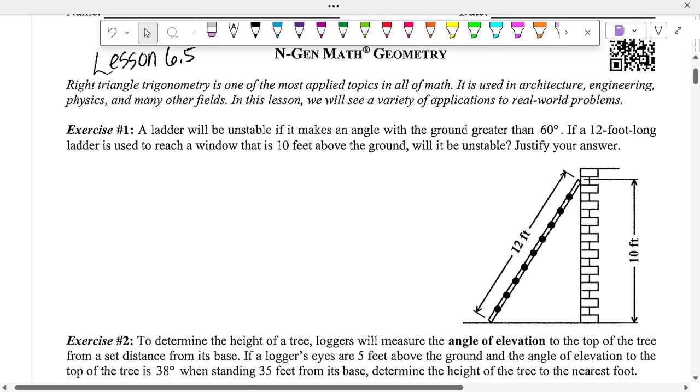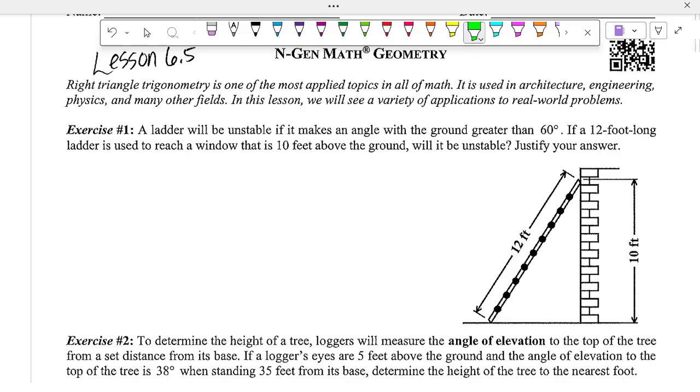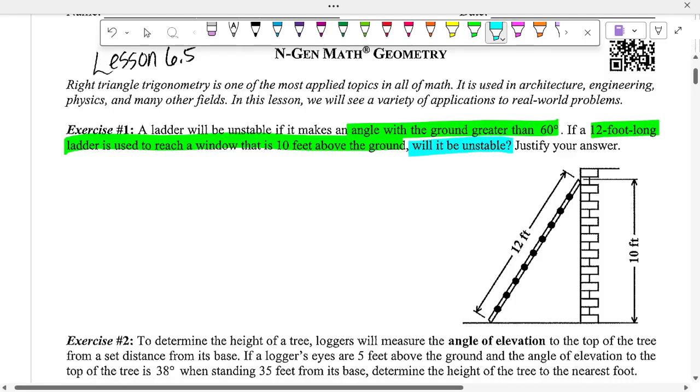All right, so a ladder will be unstable if it makes an angle with the ground greater than 60 degrees. A 12-foot long ladder is used to reach a window that is 10 feet above the ground, and it's asking, will it be unstable? So, in other words, it's saying the angle with the ground.